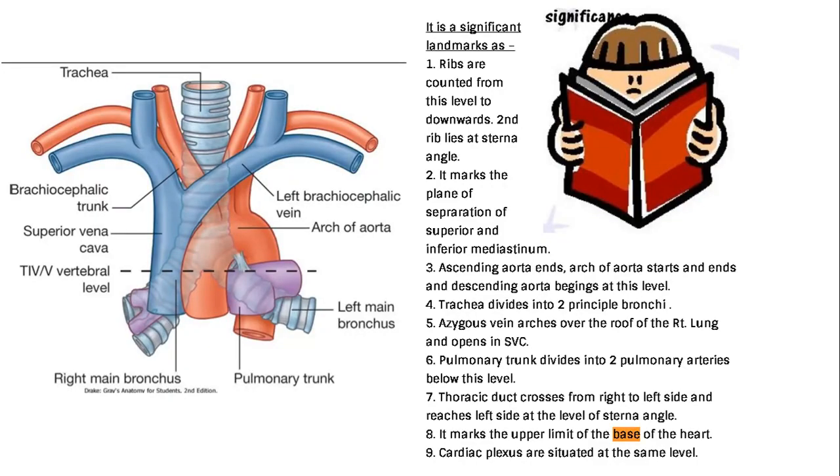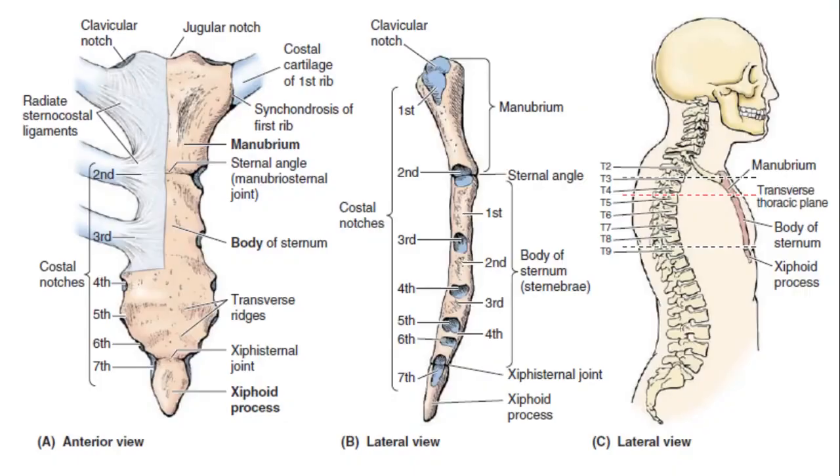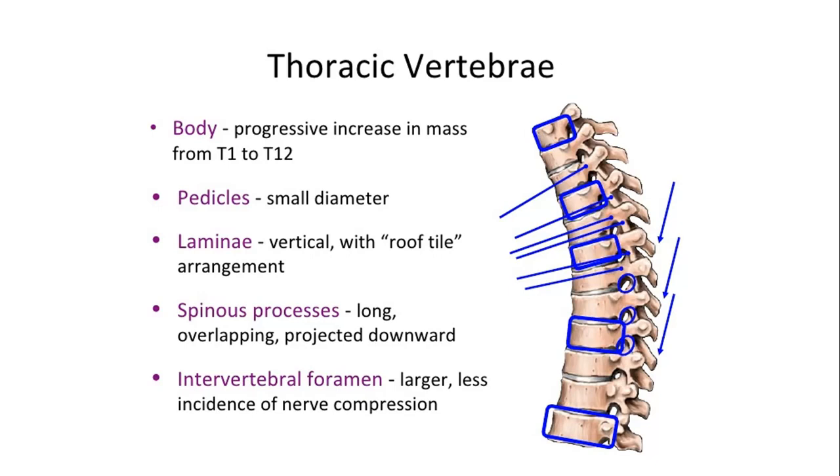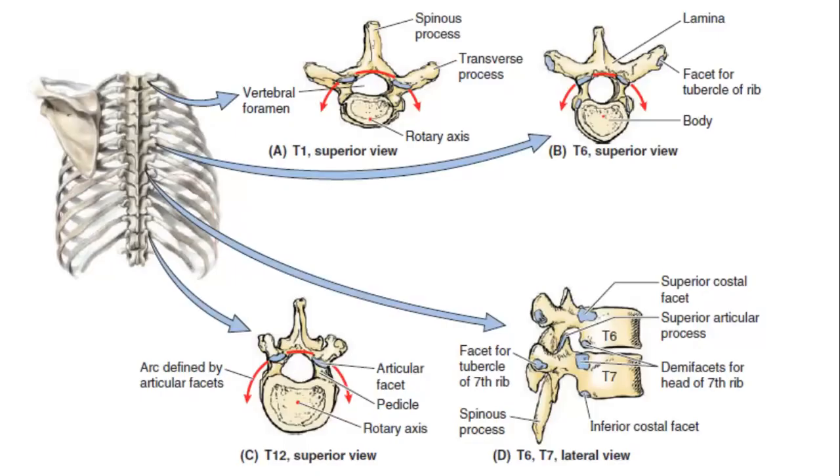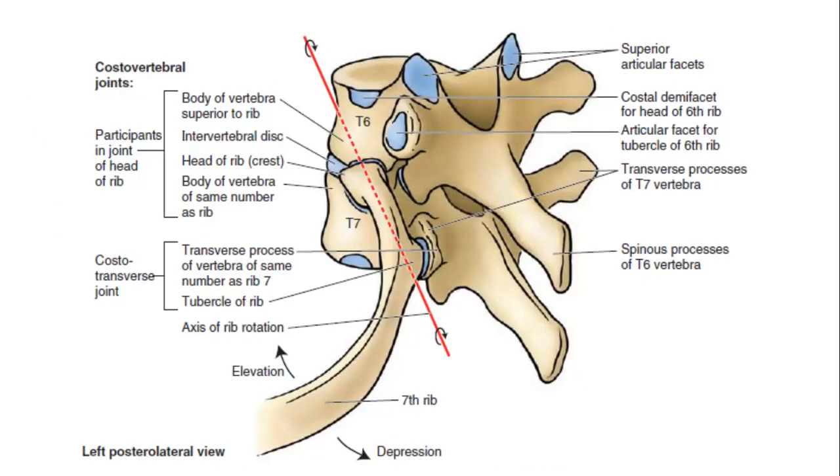So we have learned about the vertebrae and the features which differentiate thoracic vertebrae from others: the demifacets for the ribs on the transverse process and on the body for articulation of the ribs, and also the shape of the body and spinous process.